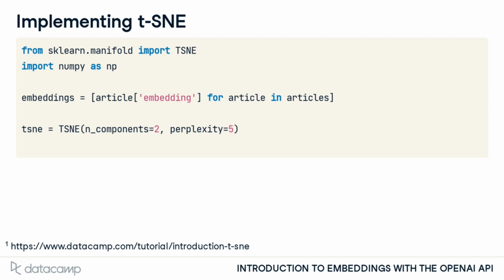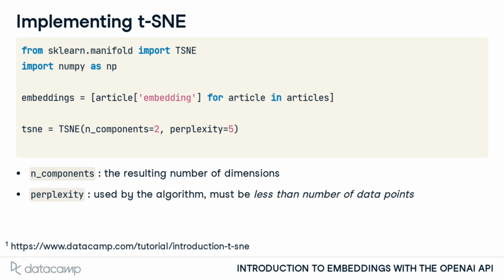We've specified 2 arguments: n_components, the number of dimensions we want to reduce to, 2, and perplexity, which is used by the algorithm in the transformation. The default value of 30 is normally fine, but for smaller datasets, it must be reduced to a number less than the number of data points. We have 10 articles in our dataset, so we've reduced perplexity to 5.